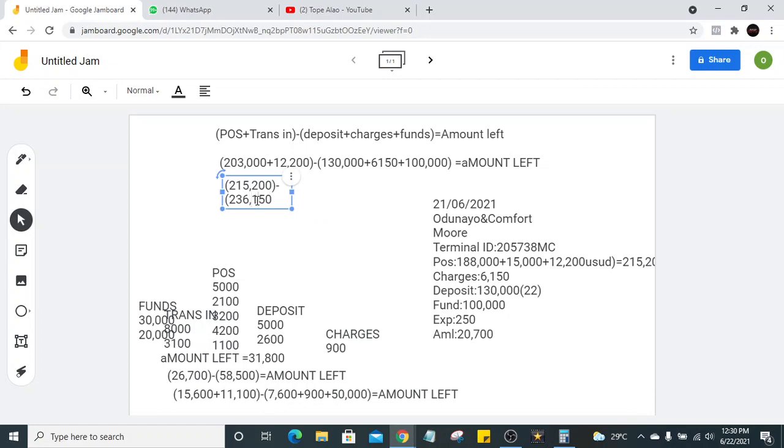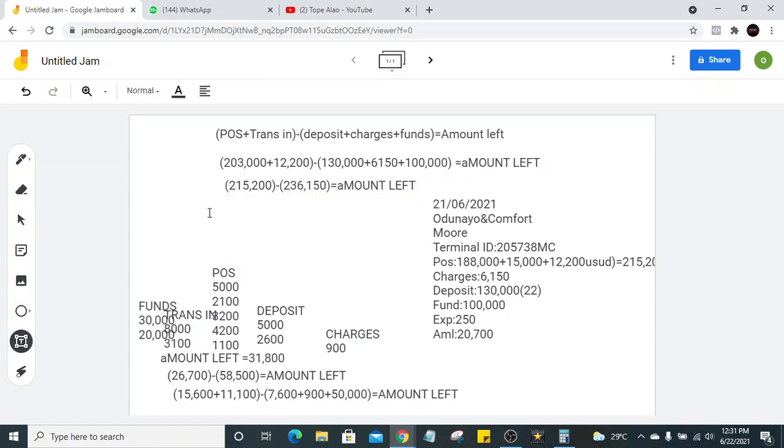Let's put a comma there. So equals amount left. I'm mixing small letters again, let's leave it that way.